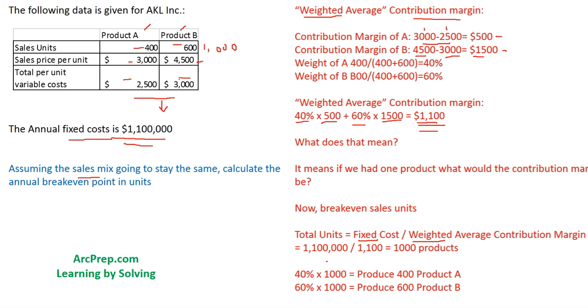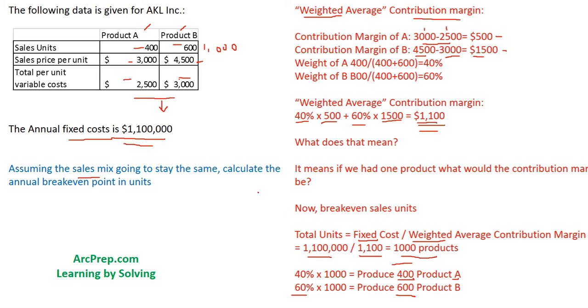The fixed cost divided by the weighted average contribution margin is going to be 1,000 products. In other terms, I need to sell 400 units of product A, 40% times the 1,000 right here, and 600 units of product B, 60% multiplied by 1,000, in order to break even.